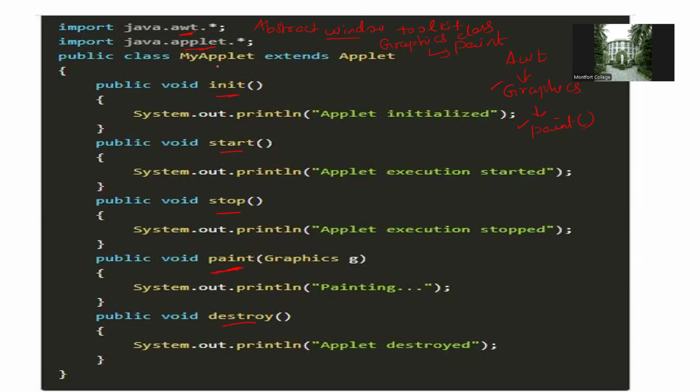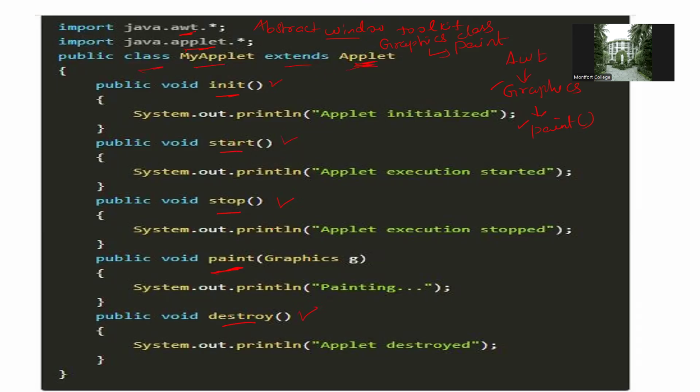Here my applet is the class name, extends applet, which means extends the applet class. If you want to implement the init, start, stop, and destroy functions, we have to inherit the applet class into this class. The applet class, which is available in the Java library, will be taken here. And in the applet class, what are the things we have?